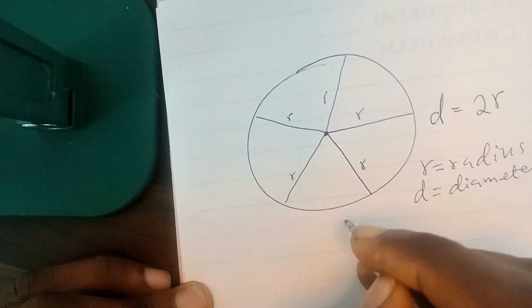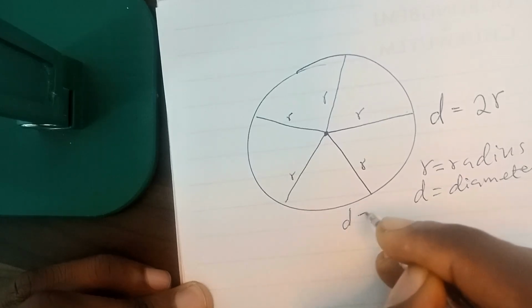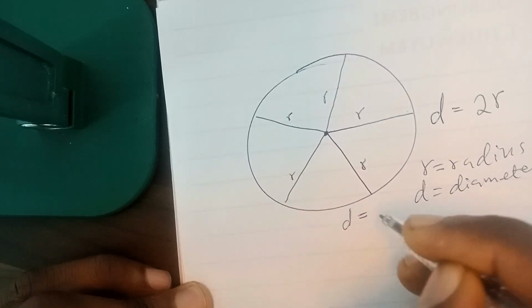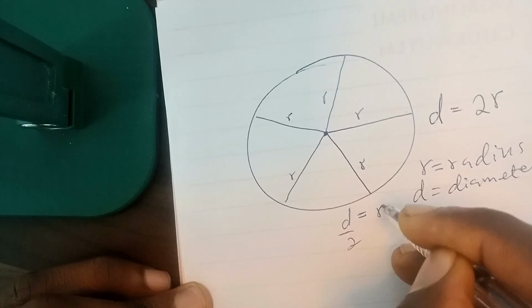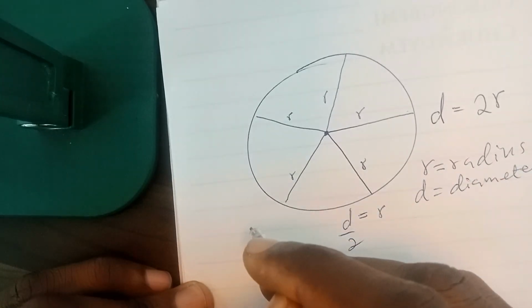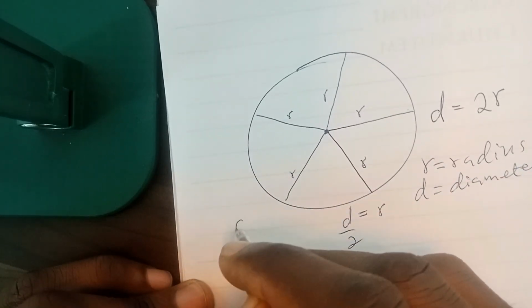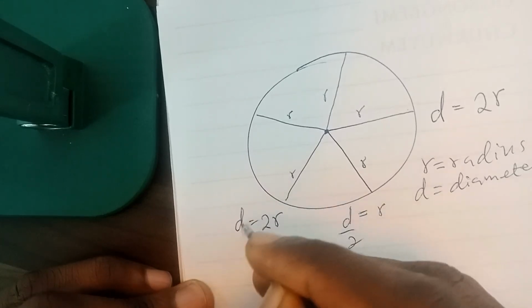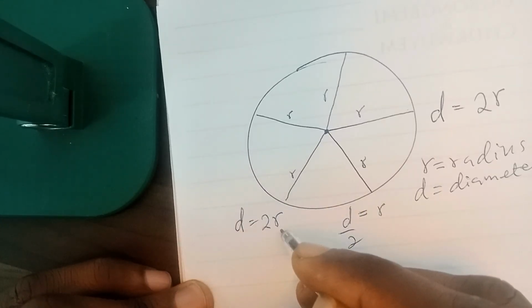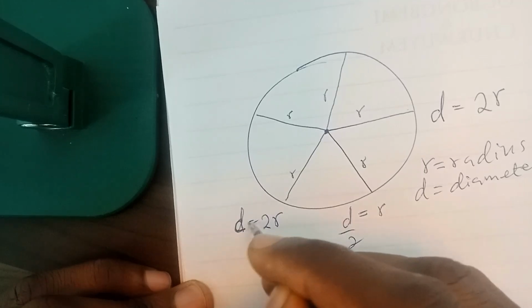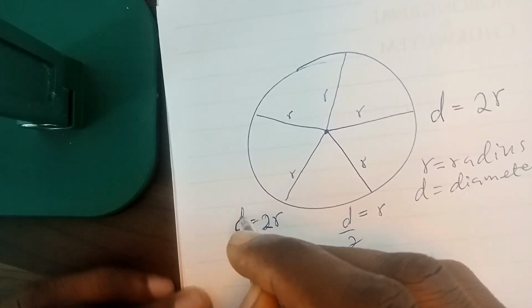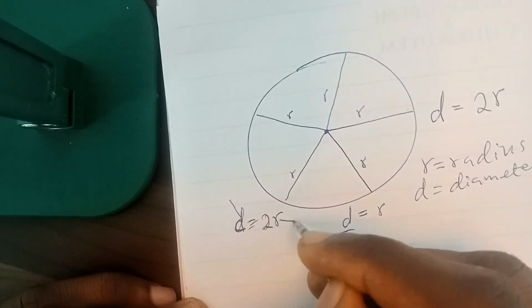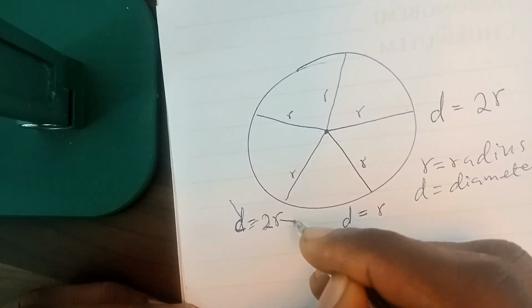In other words, a radius is half of a diameter, or we can simply say that a diameter is 2 radii. So d equals 2r, where d represents diameter and r represents the radius.